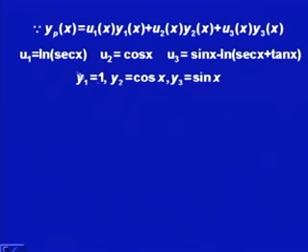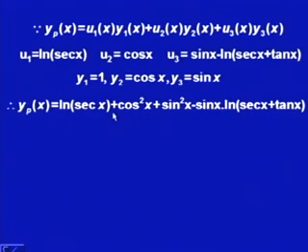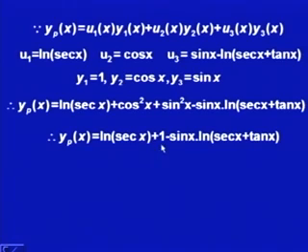So, writing it: u1 y1 is log sec x, u2 y2 is cosine square x, u3 y3 is sin square x minus sin x times log sec x plus tan x. Now, this cos square x plus sin square x will become 1. So, finally, yp I am getting is log sec x plus 1 minus sin x log sec x plus tan x. This is the particular solution of the given non-homogeneous equation.